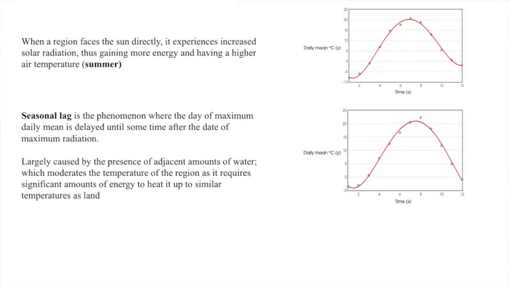So this can be shown within the graph over here, where if you cut the graph into two equal sections by domain, and you integrate this section of the graph using the limits from here to the middle of the domain, and you calculate the area here, and you do the same with the limits from here to here, you notice that between these two portions, this is significantly larger than this, and this represents the temperature curve in the northern hemisphere of a location with a very significant seasonal lag.